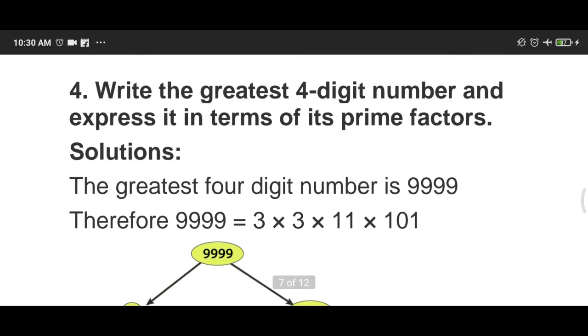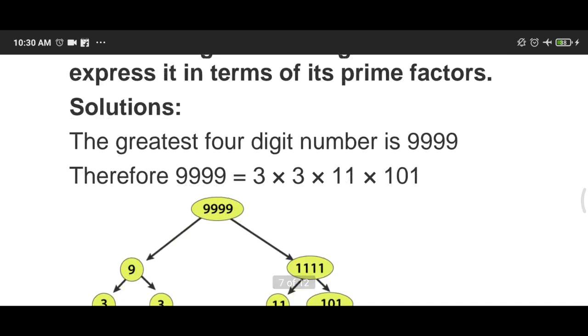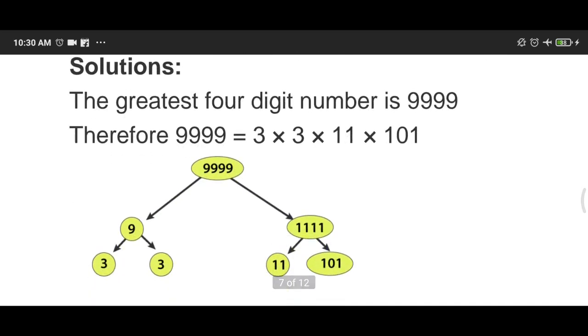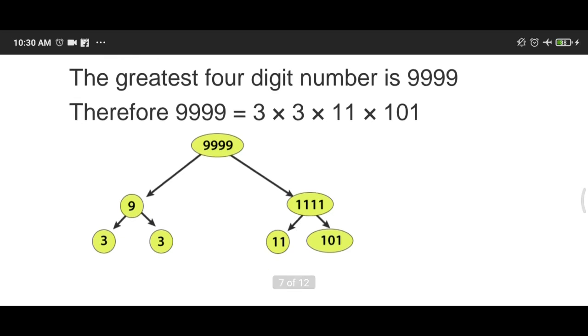Question number 4, write the greatest 4-digit number and express it in terms of its prime factors. The greatest 4-digit number is 9999, and when we prime factorize 9999 by the tree method, we get 9999 written as 9 multiply 1111.